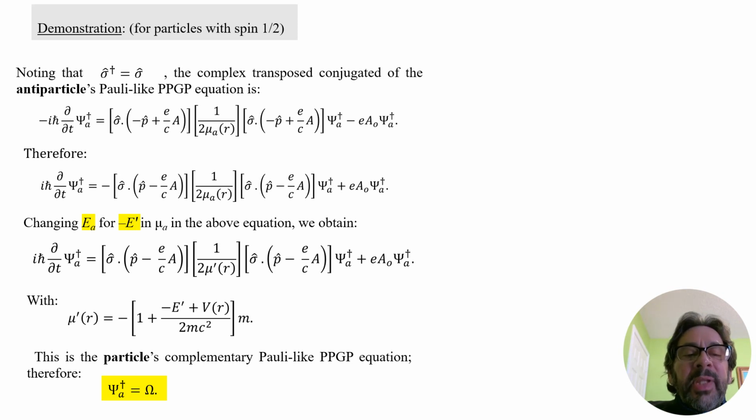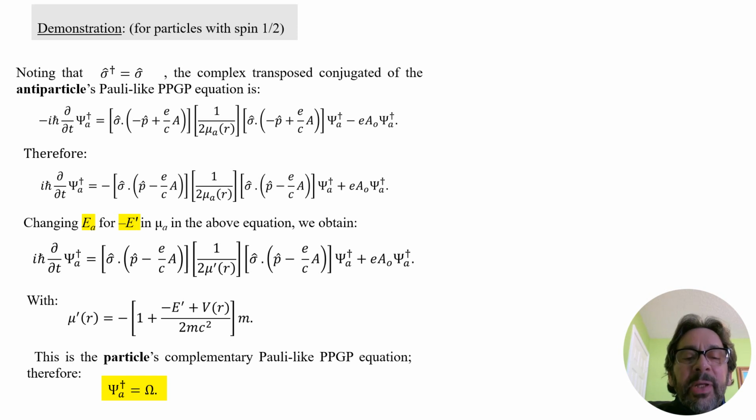Then, changing the energy of the antiparticle to minus E prime in the effective relativistic mass of the antiparticle in the above equation, we obtain the equation below, with the expression for mu prime given by this expression.